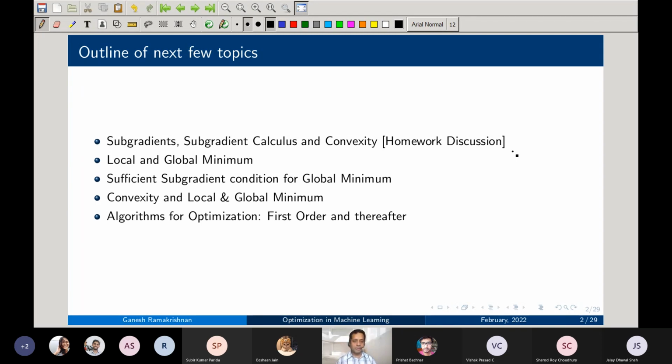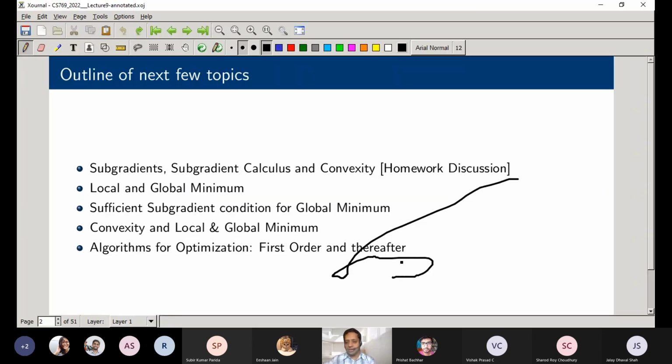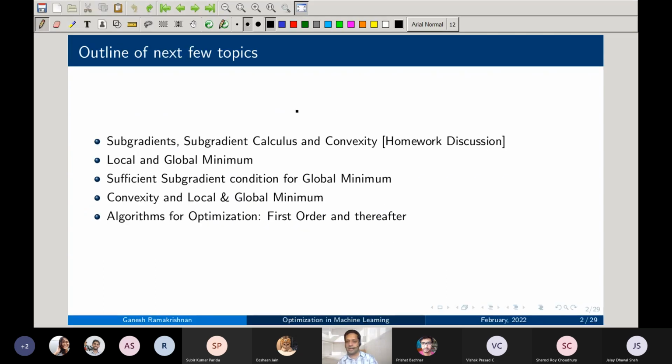Actually, the optimization problem: look at sufficient conditions for global minimum, connection with subgradients, then move on to convexity and global minimum and so on. Then we move on to algorithms for optimization, first order and thereafter.